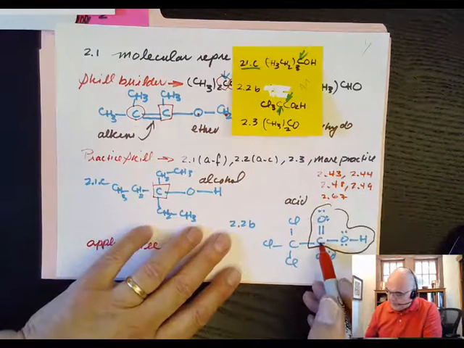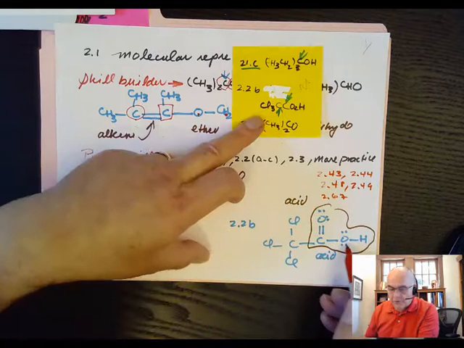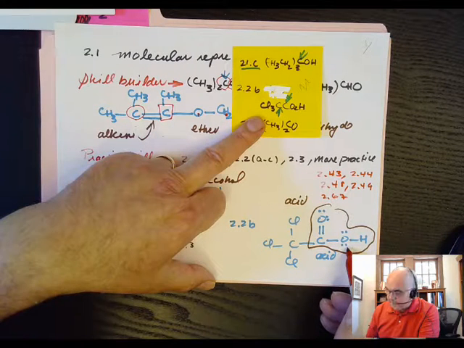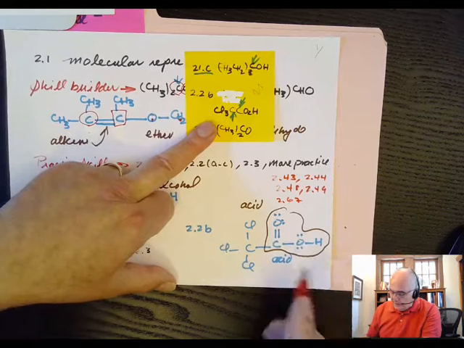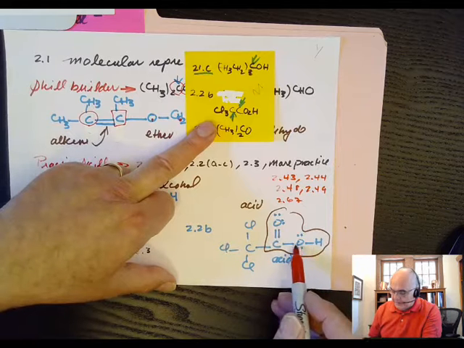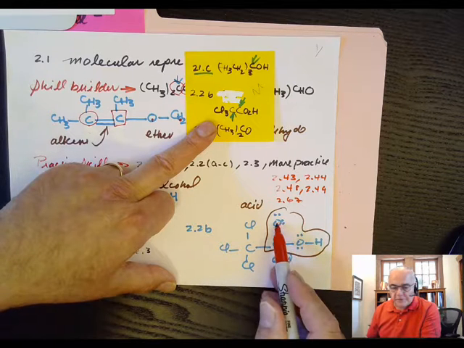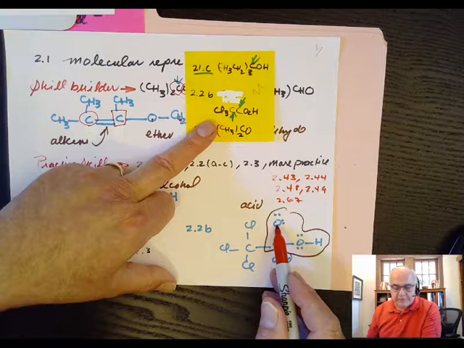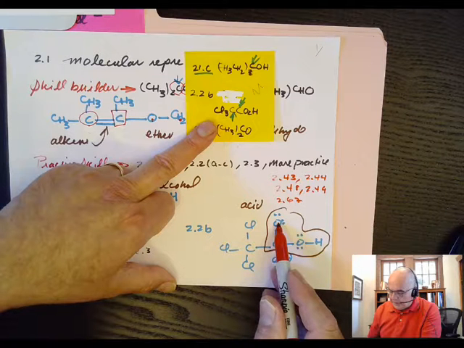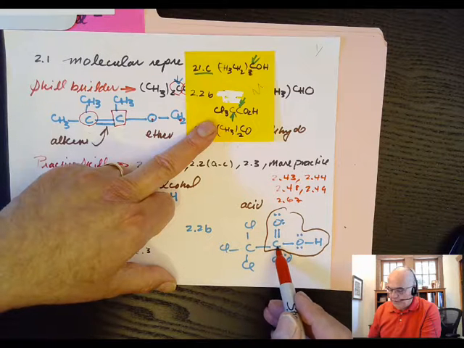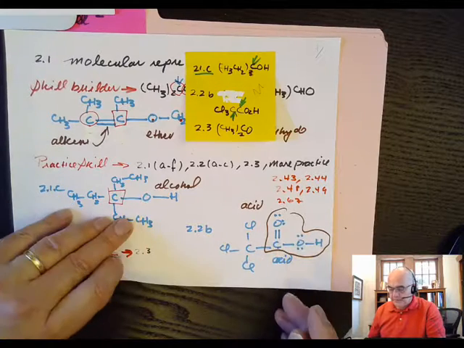The carbon has an O and an O, and this O has an H. So this O is okay, it has an H and a carbon, two bonds. But this O needs one double bond. So it would have a total of 8 electrons, and this carbon would have 8 electrons. So that's a carboxylic acid we're going to learn.